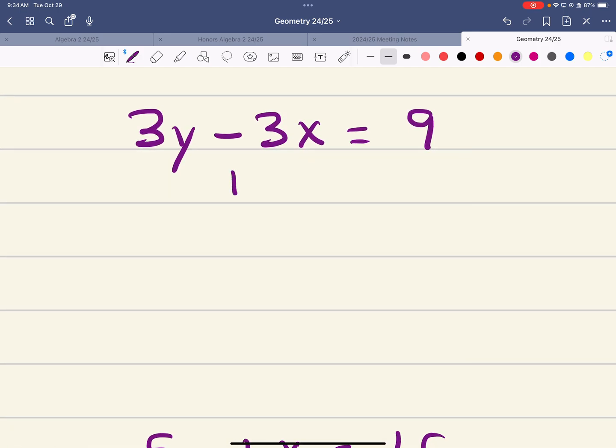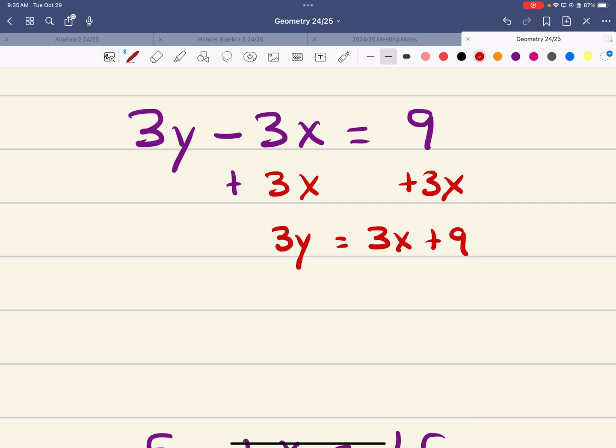Okay, we're going to add 3x to both sides. So we move 3x by adding it, doing the opposite of what we have. So that leaves me with 3y is equal to 3x plus 9.